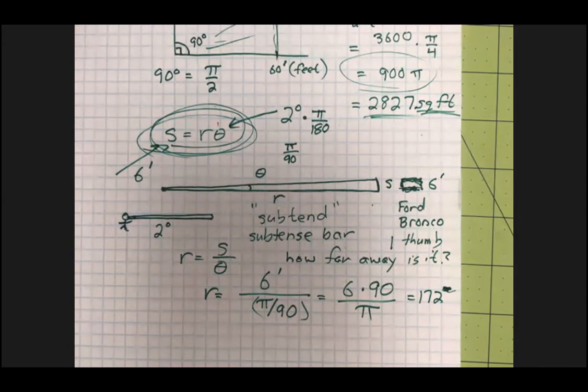Target shooting, archery, recurve bow, you're talking typically 20 to 40 yards, which is 60 feet to 120 feet possibly. I probably couldn't effectively take that deer at 172 feet. So I'll wait till the deer gets to be 2 thumbs close to me.